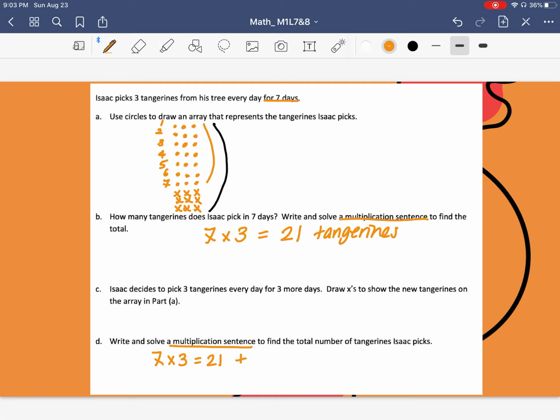And we're going to add this to the extra 3 days, which is 9 tangerines. So in total, he worked for 10 days, and each day he picked 3 tangerines. So in total, he picked 30 tangerines.